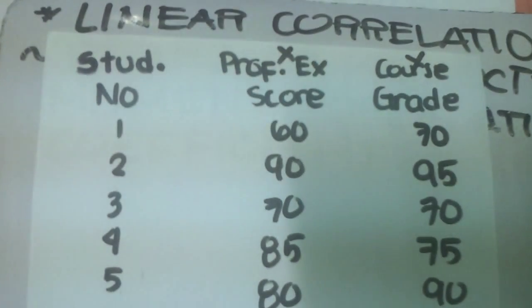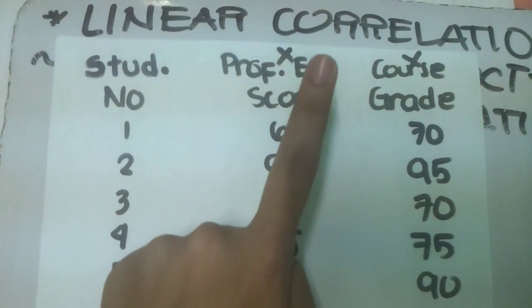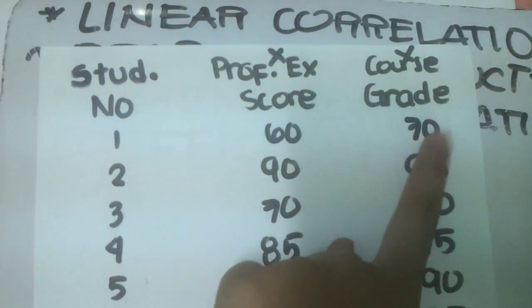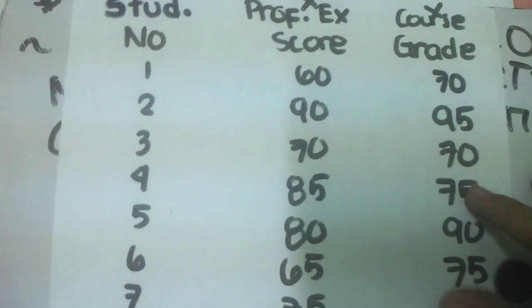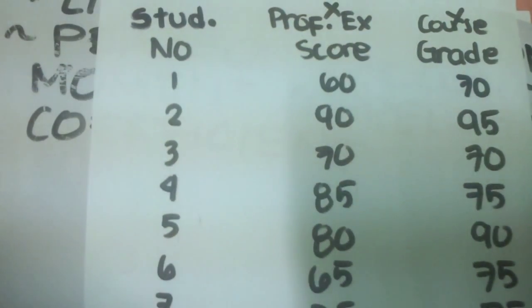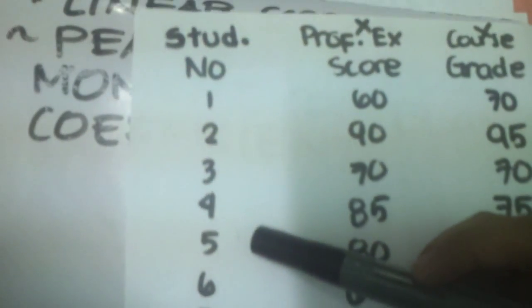And we are asked to compute and interpret the correlation coefficient for the data of proficiency scores versus their course grade. So, looking at this data, we have 10 sample data, so N is equal to 10.